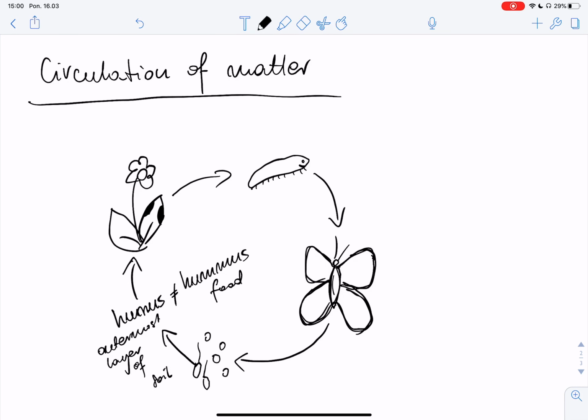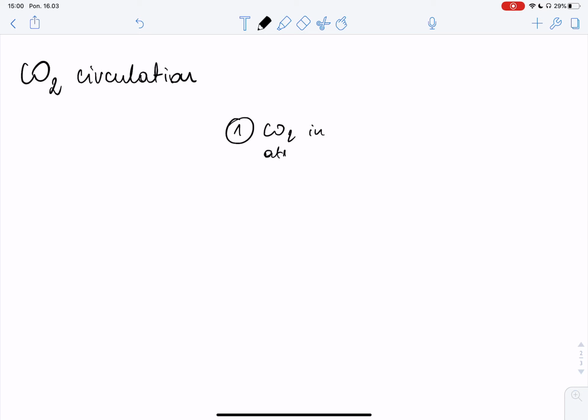This is quite an obvious example, but we have something that is much more subtle, and this is the carbon dioxide circulation. It's also the circulation of matter, although it's a gas. So guys, the very first step that we have is that we have CO2 in our atmosphere, right?